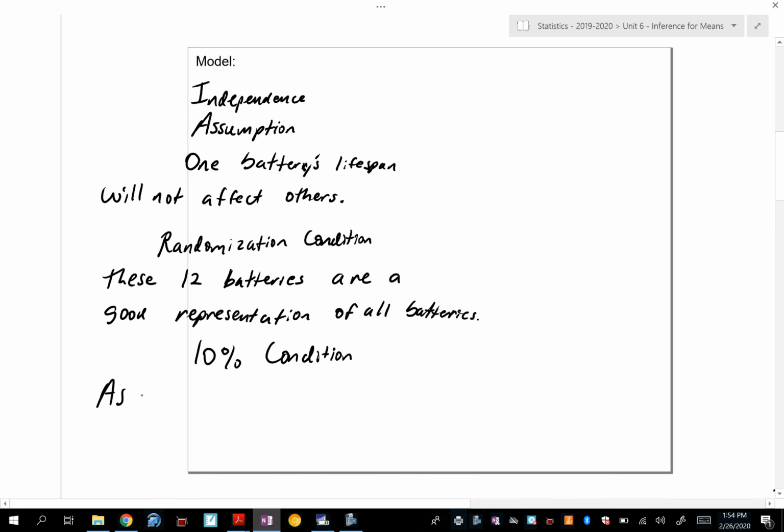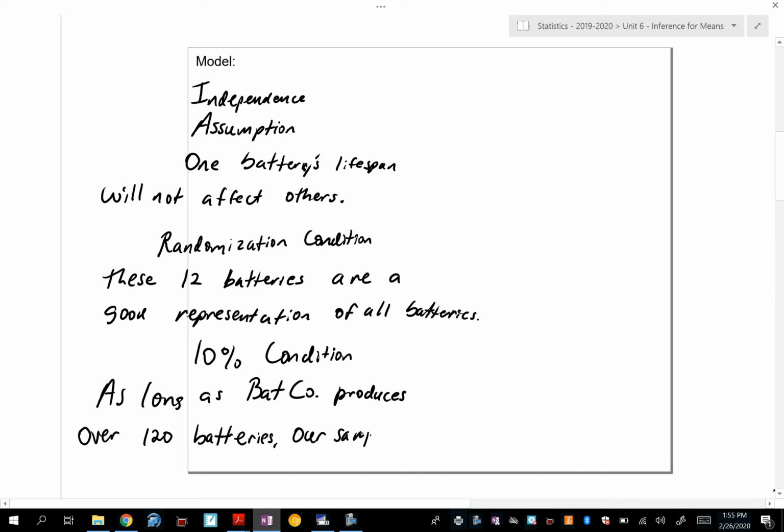So as long as Batco produces over 120 batteries, our sample size is not too large.